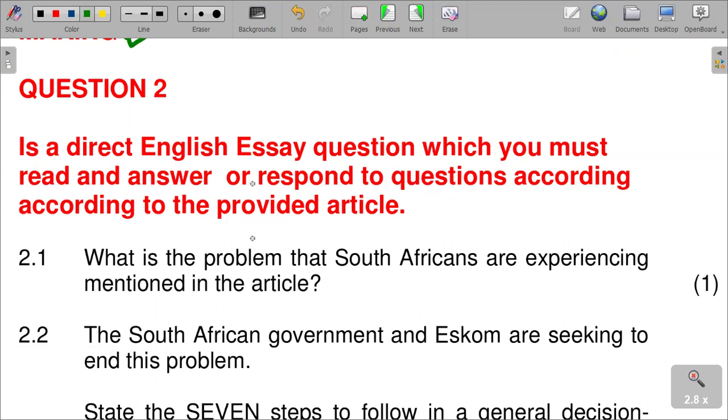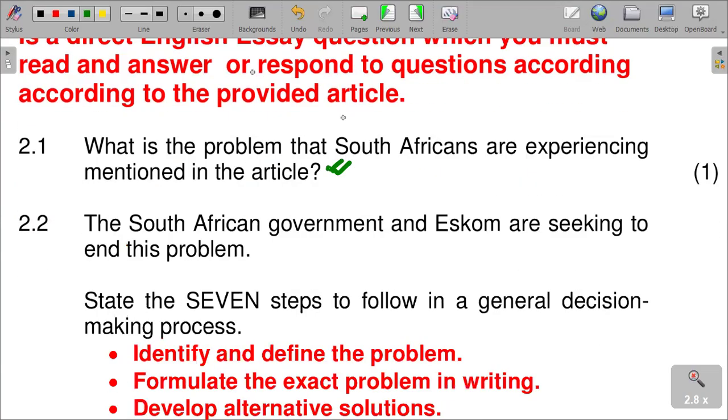So you read the article that is given, don't answer according to your own thinking. Of course, there is an application area, but the first two questions ask what is the problem that South Africans are experiencing mentioned in the article. So you are basically just reading the article and then you give the answer. This is just a specific English comprehension question. You read and answer from the question there.